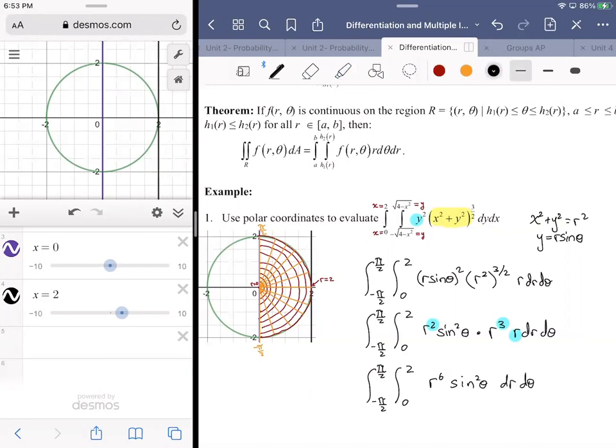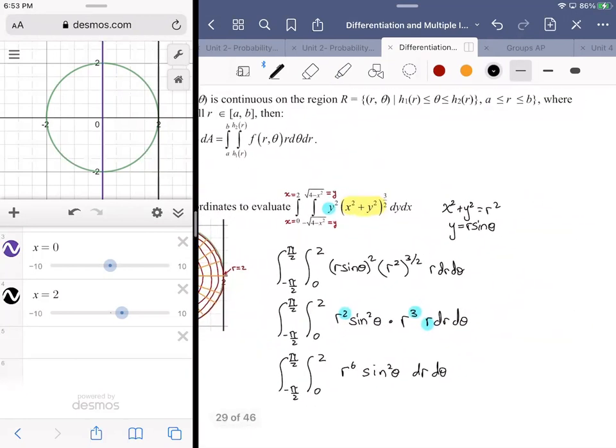So now I can integrate this using partial integration. Focus on just the r's and then bring in the thetas. So increase the exponent by 1, divide by the new exponent. So 1/7 r to the 7th sine squared theta.